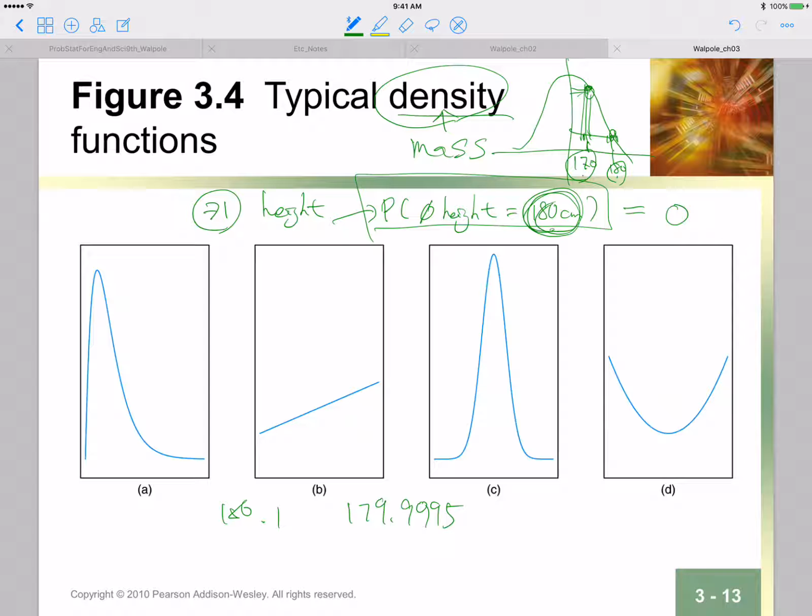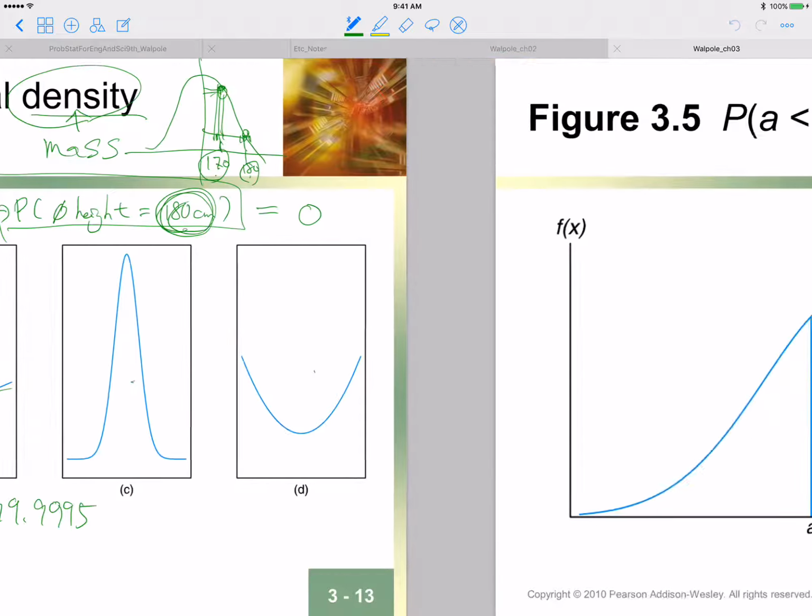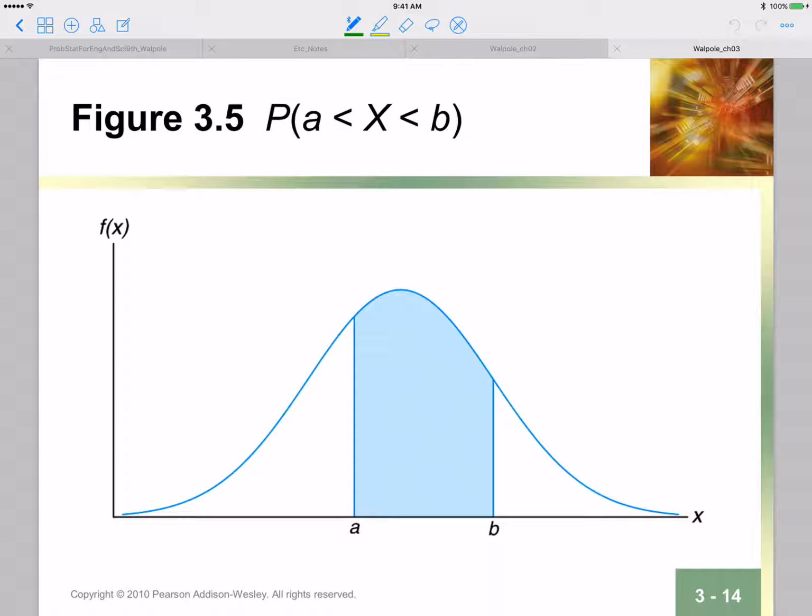Then this density can have a really diverse shape like this and this and this and so on, right? And from the density of a continuous random variable, we can think of this probability which is actually non-zero.